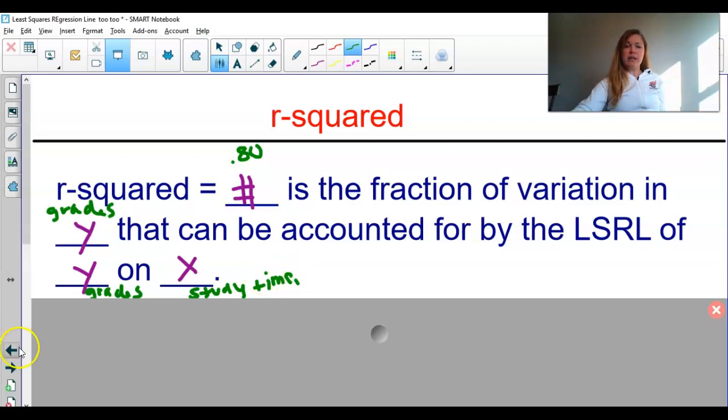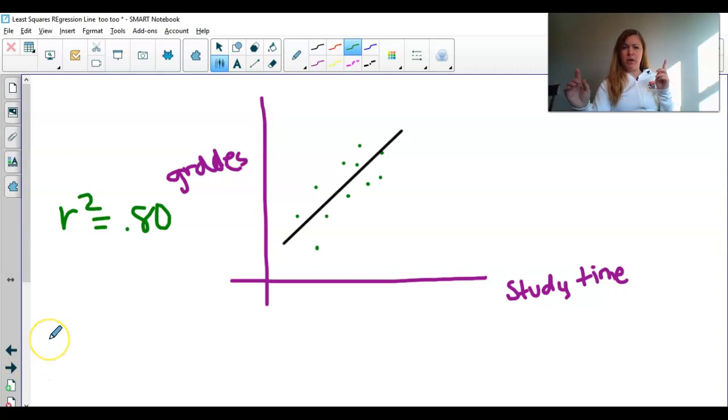But to truly understand it, let's frame it with thinking about this whole idea of grades. R squared can actually be written as a percentage as well. And R squared can also be called the coefficient of determination, okay? Now, with 80%, what we're saying with this whole definition is that there can be variation in grades. Some people do really well, way up here.